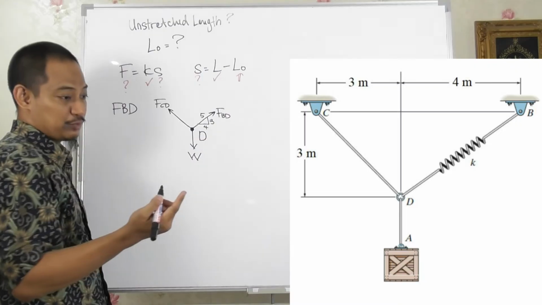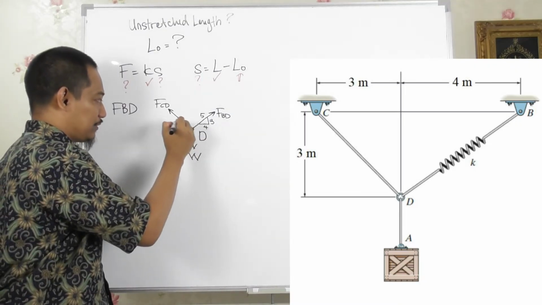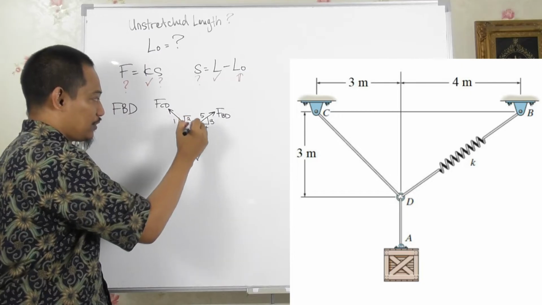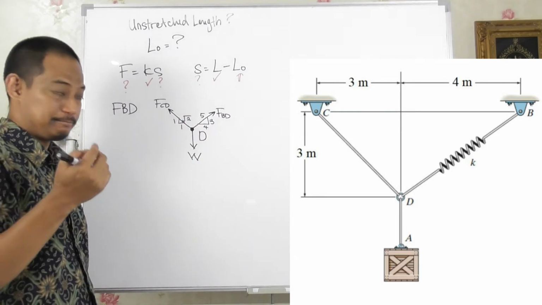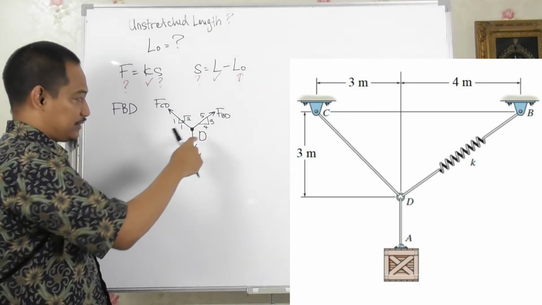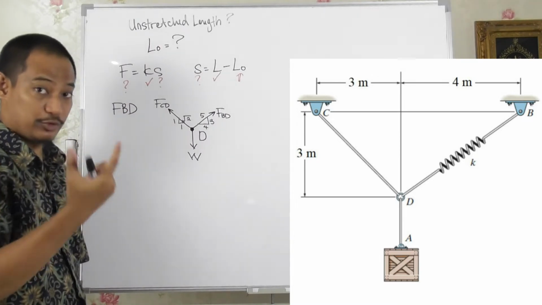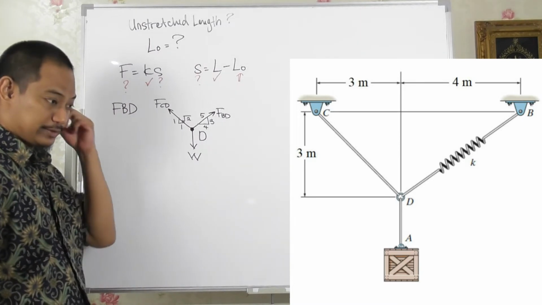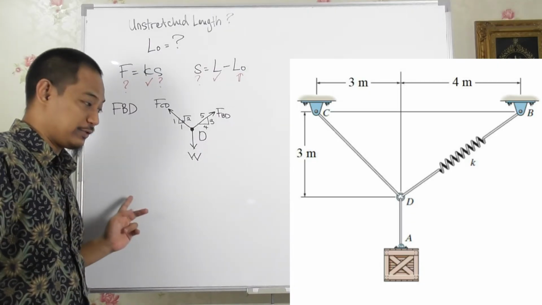Here you can use 1, 1, square root of 2, or you can say also it's 45 degrees. Both will be correct, right? Because we know from the diagram it's 3 and 3, so it should be 45 degrees, or the ratio of 1, 1, square root of 2. Both will be correct. Okay, but it should be consistent in the drawing and what we use afterwards.